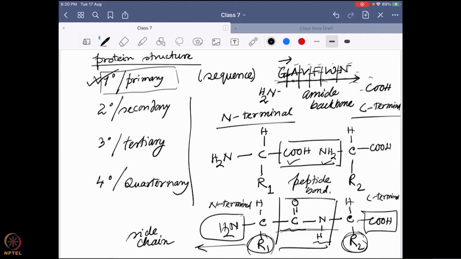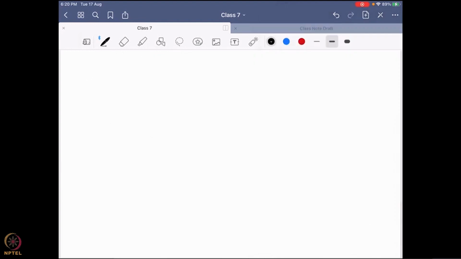Now, once we have the primary structure, then we look at how the overall structure of the molecule looks like. And over here, the molecule can have some secondary interactions coming in. So what can happen? You have a sequence of different amino acids. So this is the amide backbone I'm drawing as a cartoon. So there is a CONH bond over there.